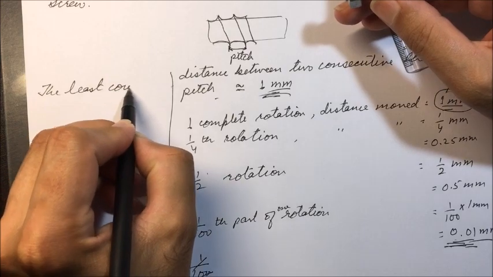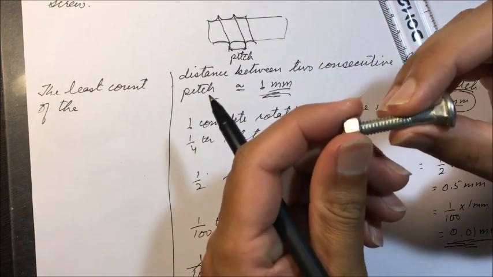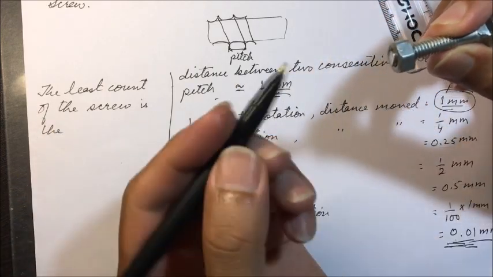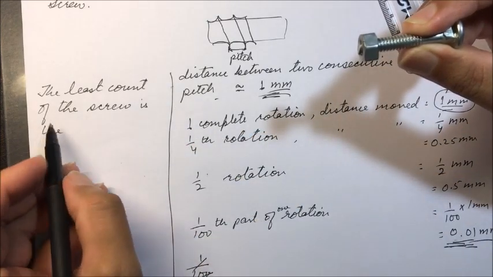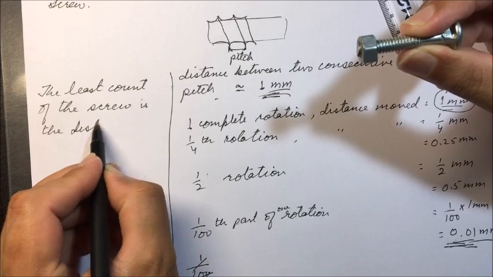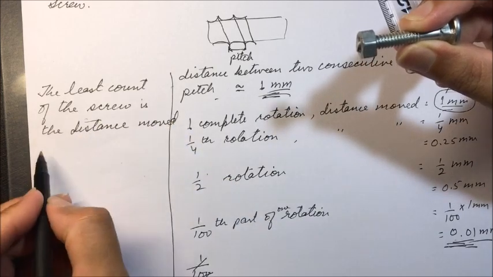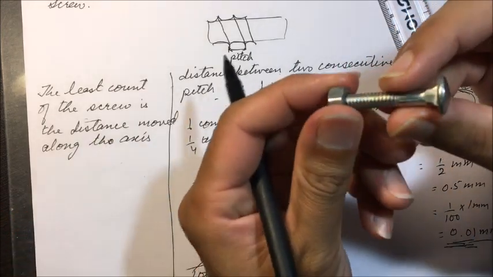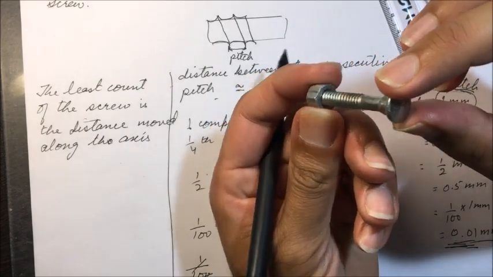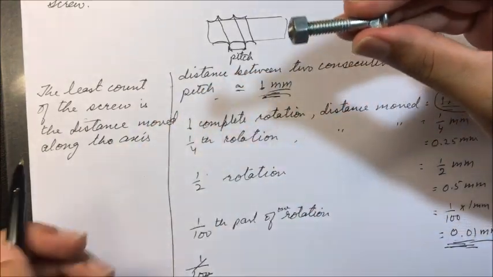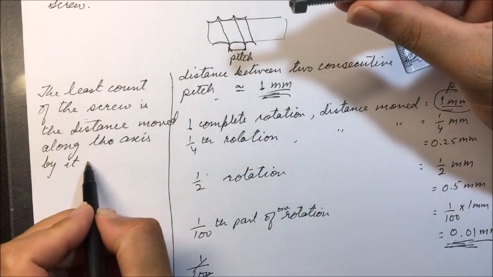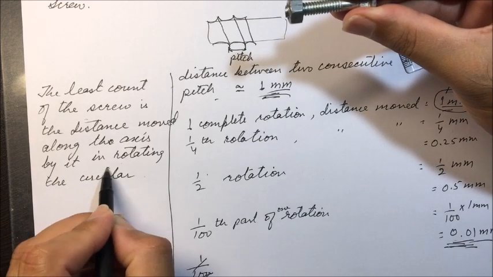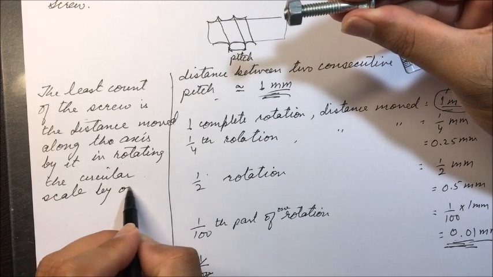The least count of the screw, that is the smallest measurement we can make using the screw, is the linear distance moved along the axis of the screw when we rotate the circular scale by one division.